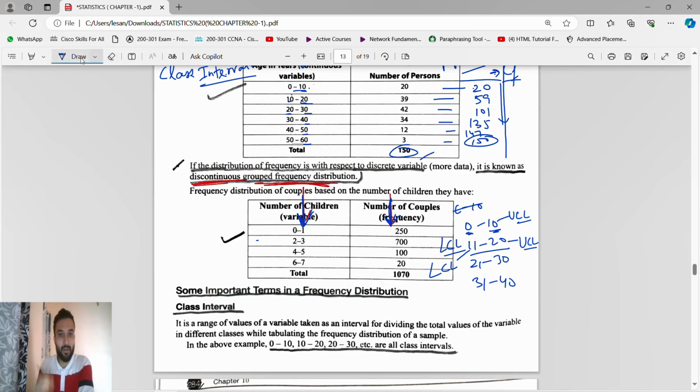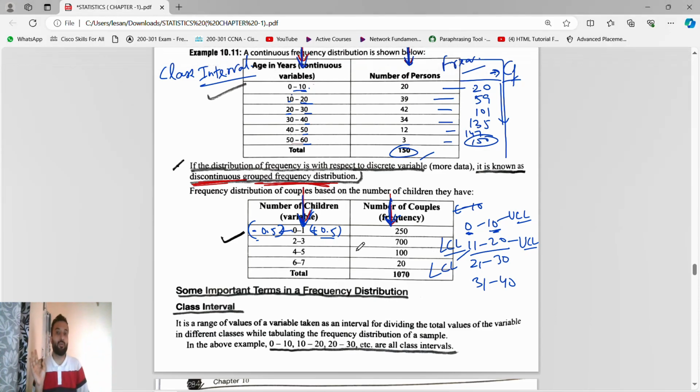So how will we convert discontinuous to continuous? From lower class limit we will subtract 0.5 and from upper class limit we will add 0.5. Now see this: 0 to 1, we subtract 0.5 from 0 and add 0.5 to 1, so it becomes 0.5 to 1.5.